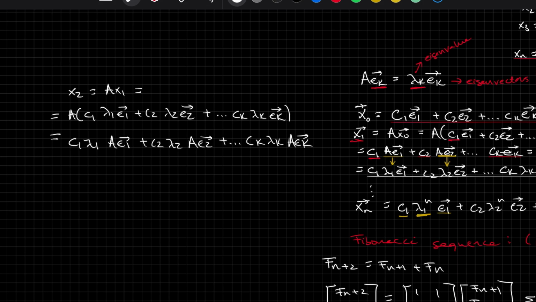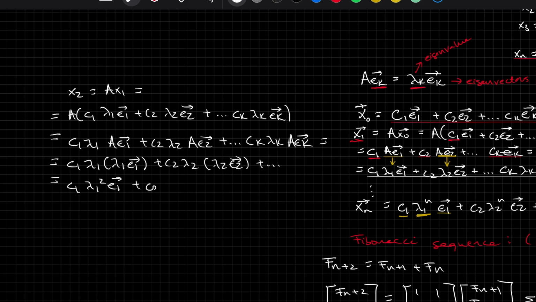And now I know that A e1 is just lambda1 e1, A e2 is just lambda2 e2, and so on. So this is just c1 lambda1 squared e1 plus c2 lambda2 squared e2 and so on.